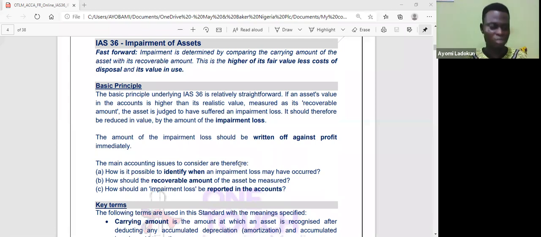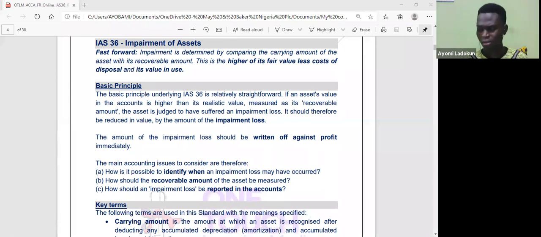Let me go to depreciation. Depreciation is systematic allocation of the depreciable amount on the cost of an asset.